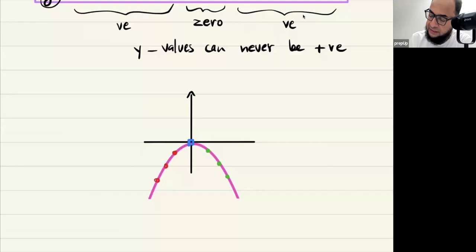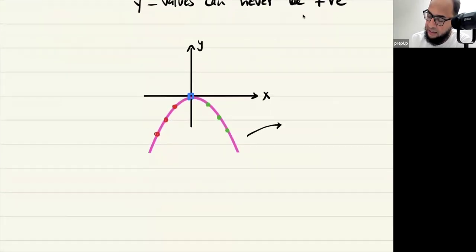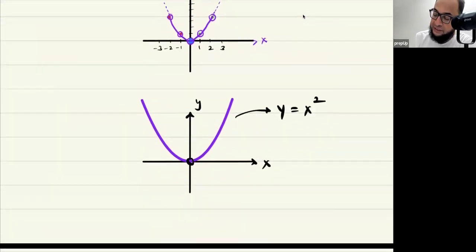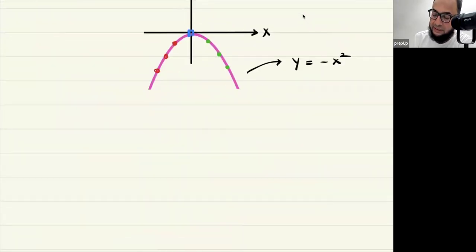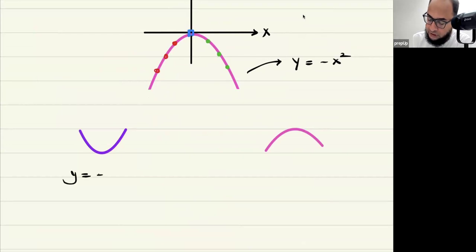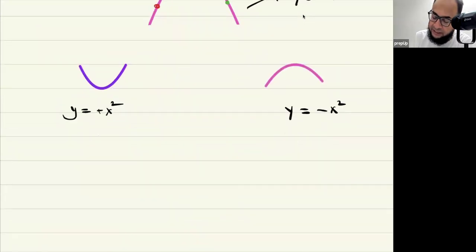So now that is the basic idea. This is y, this is x. That's the graph of y equals negative x squared. So positive x squared is like this, negative x squared is like this. So in short, I can say this is y equals positive x squared and this is y equals negative x squared.